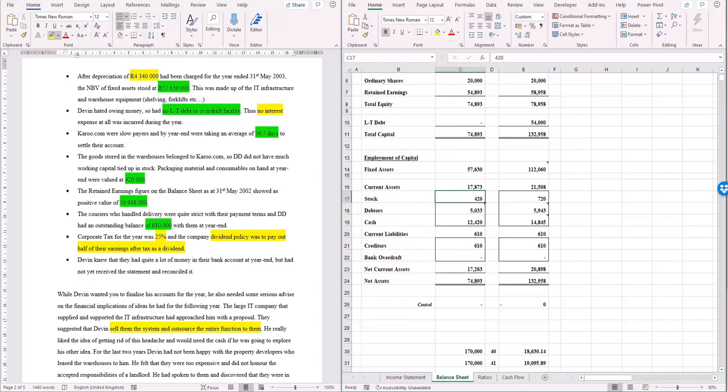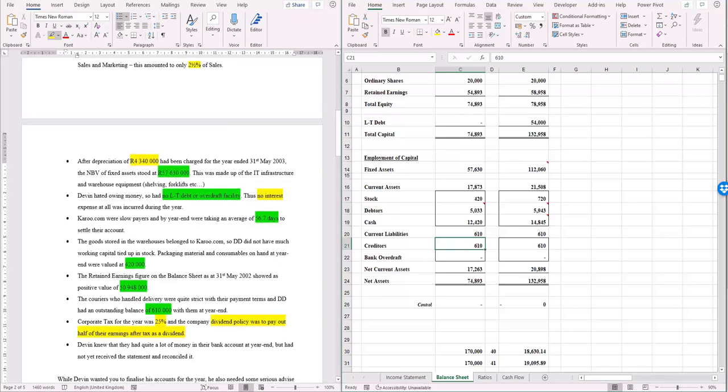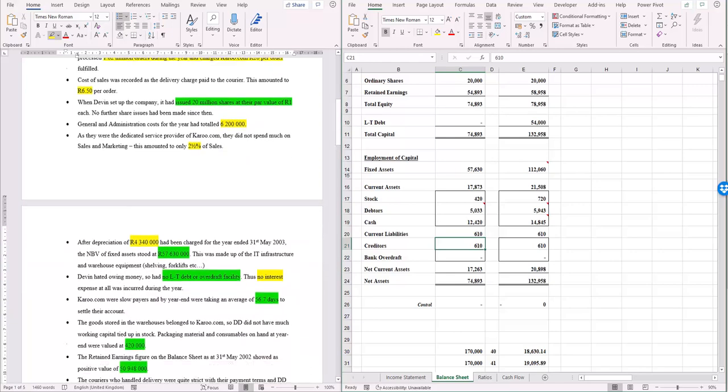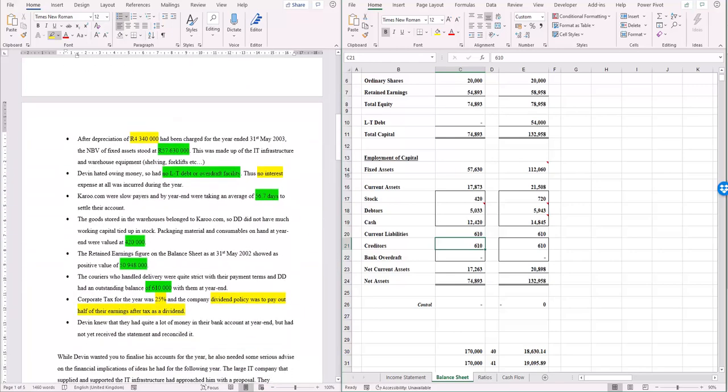The debtors, we need to find a debtor days. The courier delivered quite strict payment terms. The debtor days amounted to an outstanding balance of, that's the creditors. Okay, well, since we've got that, we can put that one in there. That's the suppliers. We're looking for the debtors number. All sales are on credit. So that's important, so that we're using the full sales number.